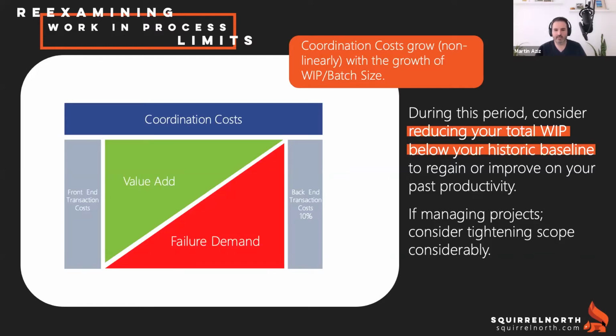So the idea here is you want to go in and start to inspect your work in process limits and see if they still make sense. So you'll have to play around with them, figure out what your new WIP limit equilibrium looks like. Your past one, which may have been perfectly fine, may no longer be effective anymore. And so the idea here is to try and kick the tires on your WIP limits and make sure that they still make sense.